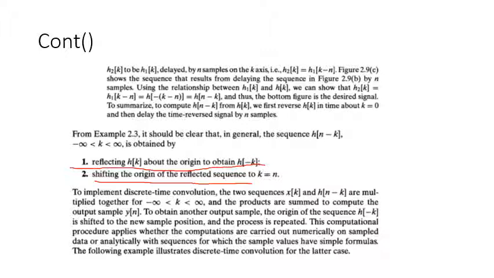So on the extreme left and extreme right we have no overlapping, on the boundaries we have partial overlapping, and in the middle we have full overlapping. Whereas in the case of infinite sequences we have partial overlap or no overlap. There is never full overlap.